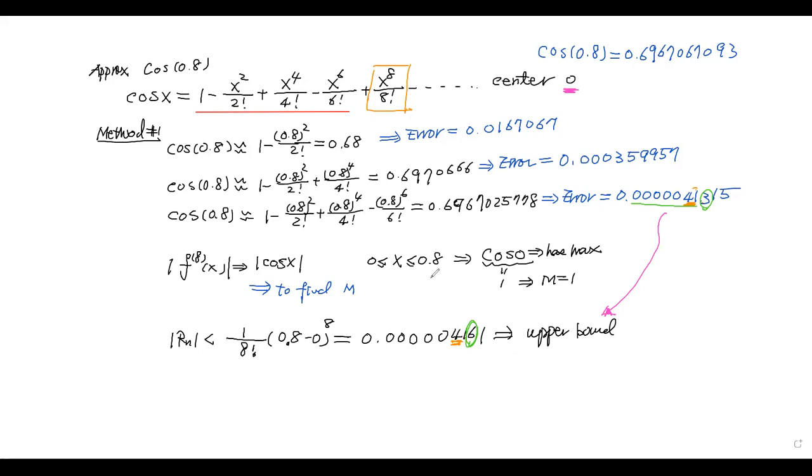Now, can we do a different center? Let's take a look. If you take pi equal to 3.14, then pi over 4 is very close to 0.78539.